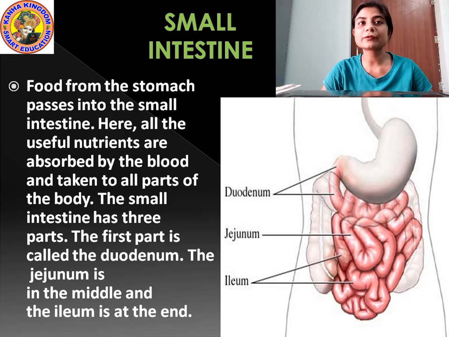Here all the useful nutrients are absorbed by the blood and taken to all parts of the body. The food that we eat contains nutrients, yes or no? Different kinds of nutrients. When the food passes from the stomach to the small intestine, all the nutrients are absorbed by the blood.